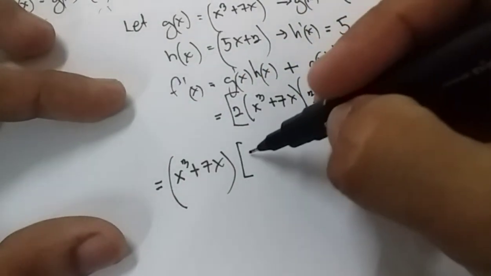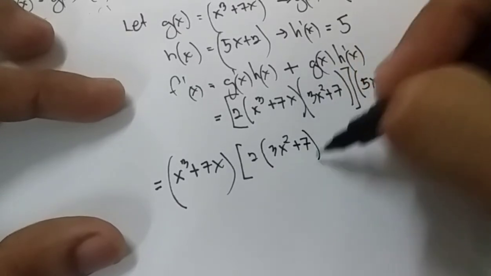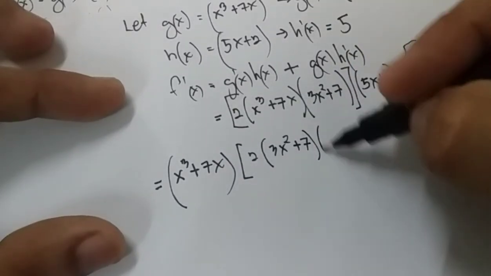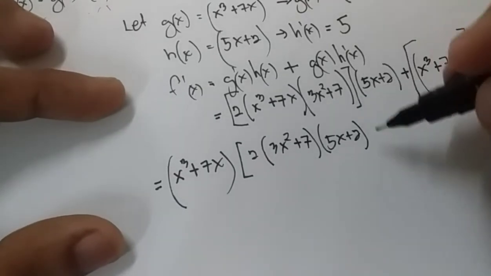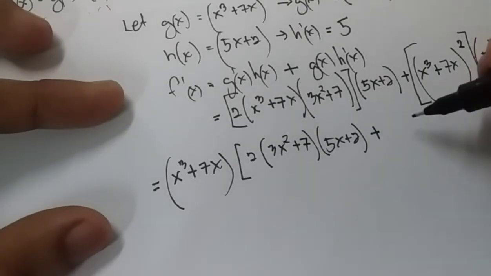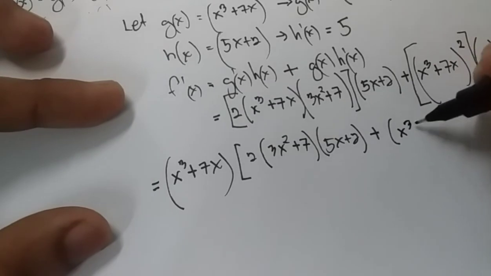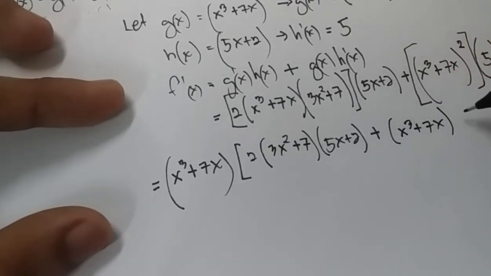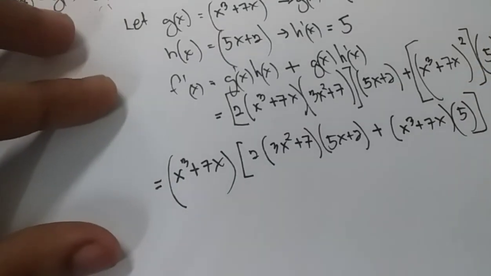So we have x cubed plus 7x times 2 times 3x squared plus 7 times 5x plus 2. Then plus the remaining x cubed plus 7x, because of the power of 2 here, times 5.